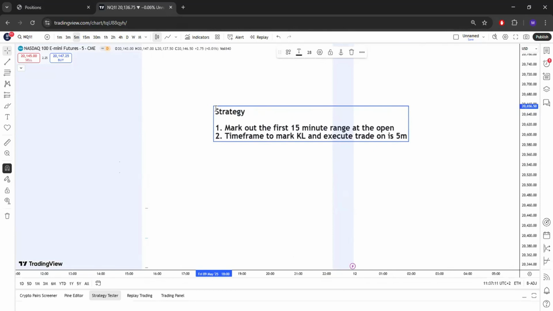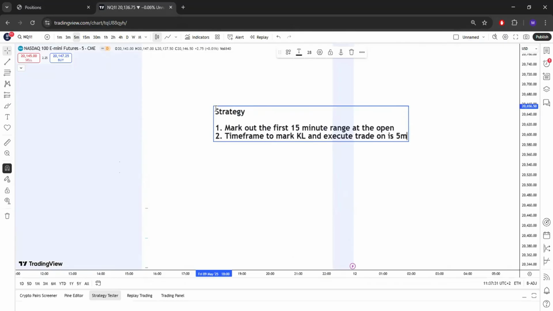So when we get to 9:30 Chicago, on the Chicago Mercantile Exchange, I think it's Eastern time, you are going to be on the 5-minute, number one. Then number two, you're going to mark out your first 15 minutes after the open. So that's 3 candles.